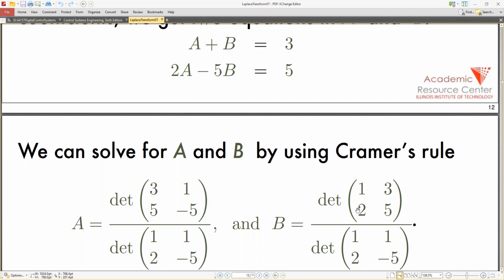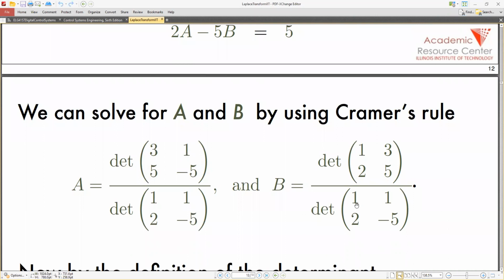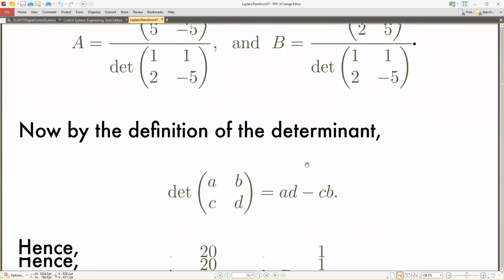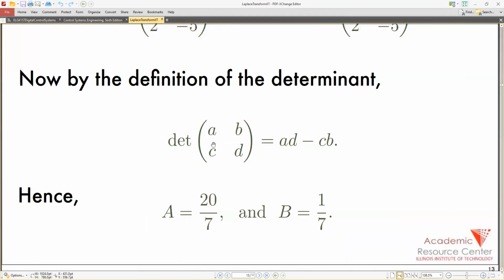For B, 1 2, 3 5, and determinant 1 2, 1 minus 5, like this. Okay, this is the Cramer's rule. So by the definition of the determinant, we know AD minus CB, cross multiplication. Hence A would be 20 by 7 and B would be 1 by 7.